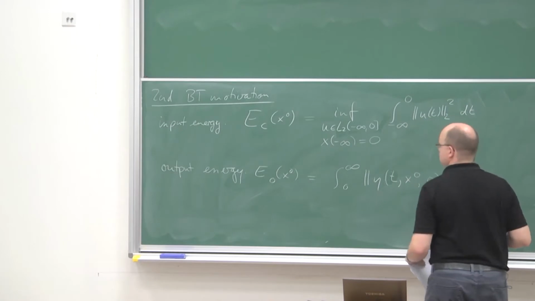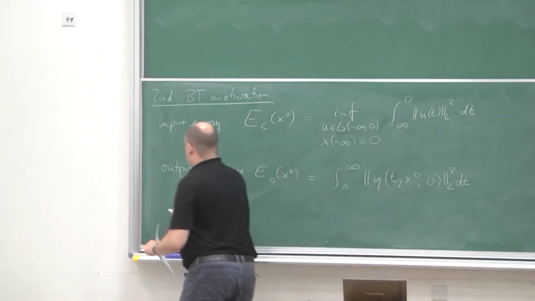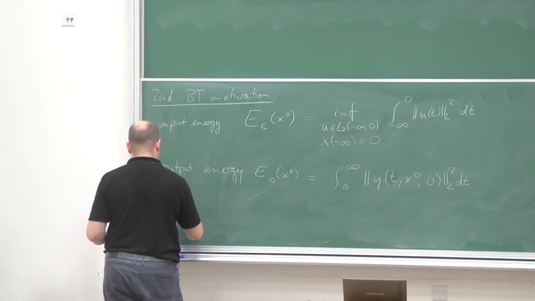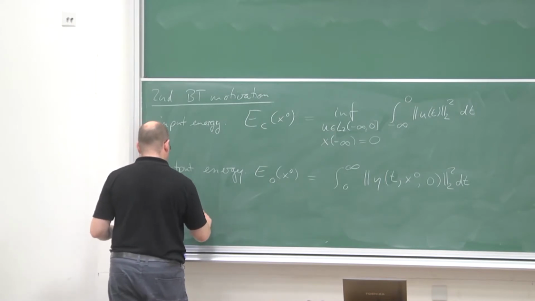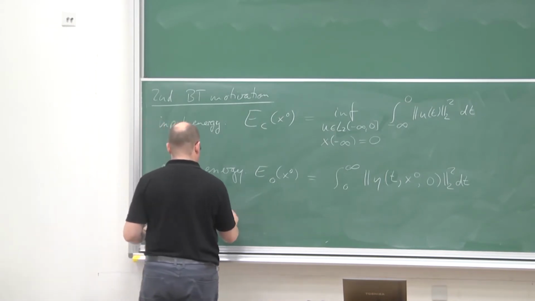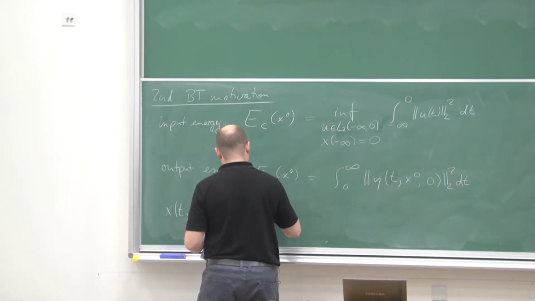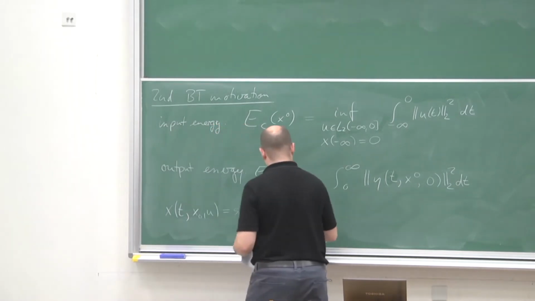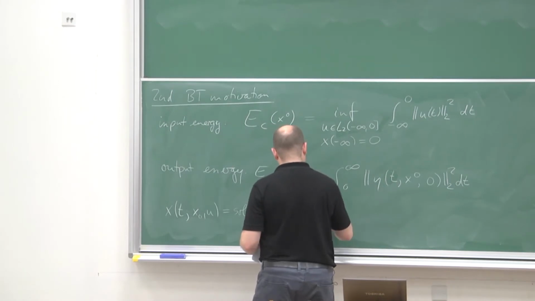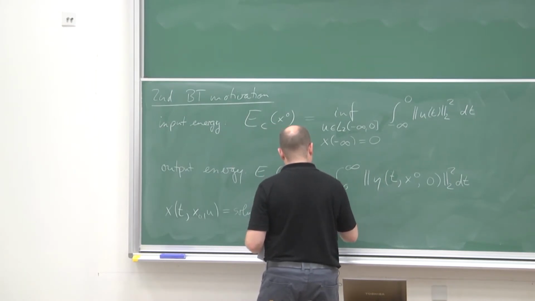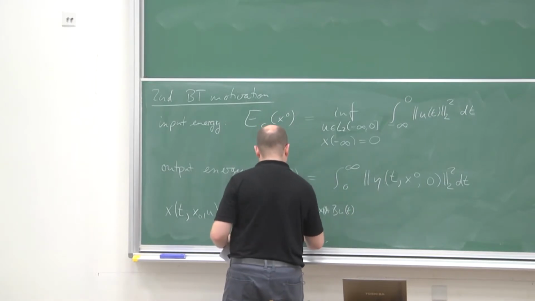Maybe just as a remark, the notation for the function x(t; x0, u) here means it's the solution to x dot = Ax + Bu(t), x(t0) = x0.